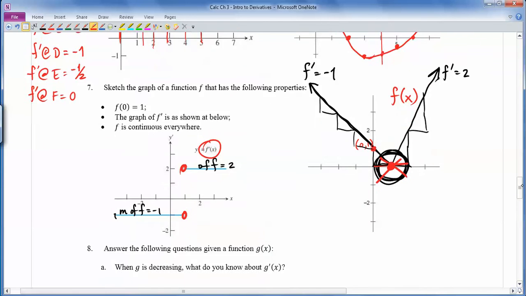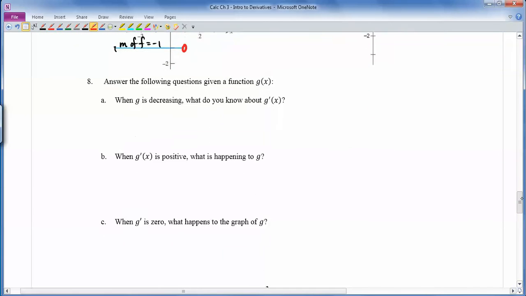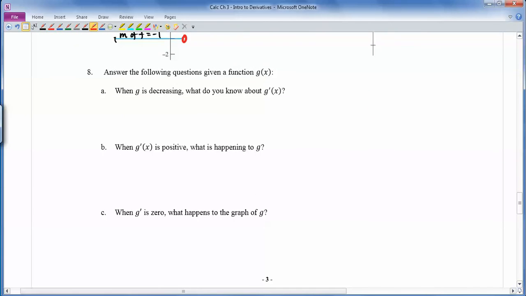Okay, so let's keep going. When g is decreasing, what do you know about g prime? Okay, so g decreasing, let me switch to a lighter pen. G decreasing means that the slope of g is negative. And if the slope of g is negative, well, slope of g means the same thing as g prime.